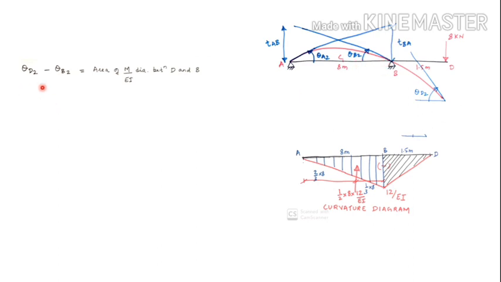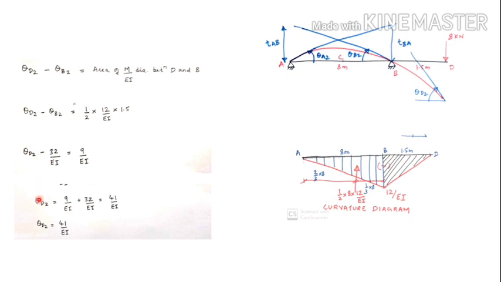So first take theta D2 minus theta B2 equal to the area of the M by EI diagram between D and B. What is the area of the M by EI diagram between B and D? Half into this height, 12 by EI into 1.5. From the previous video you can see the value of theta B2, and substituting here, 32 by EI, theta D2 is equal to 41 by EI.